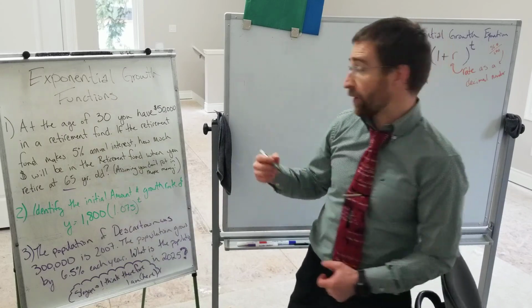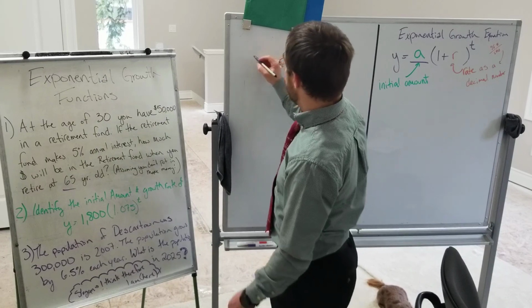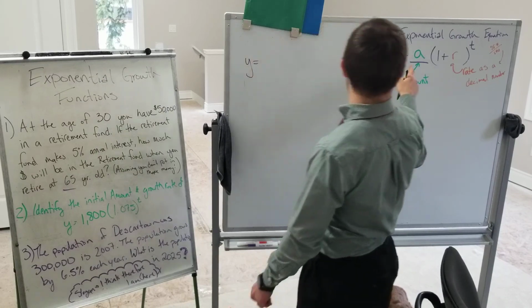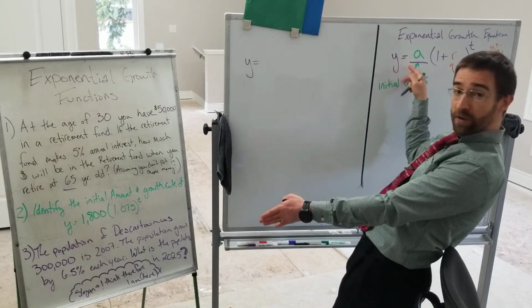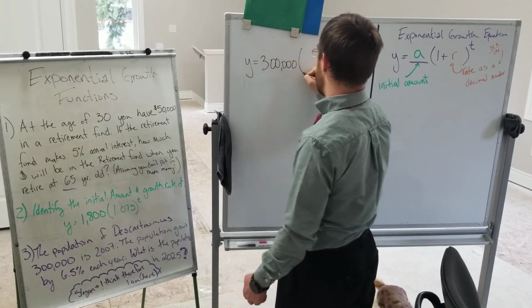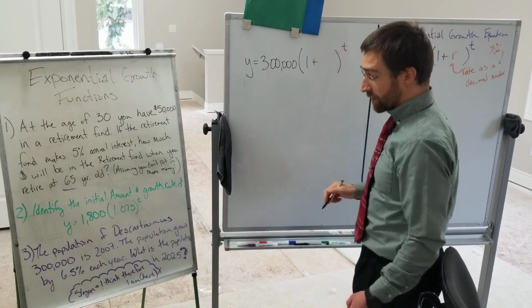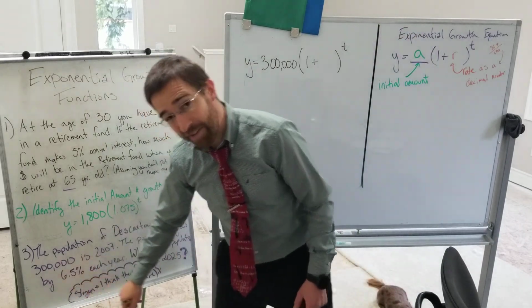So first thing we're going to do is write the equation, and then we're going to say what's the population in 2025. So we're going to say y equals initial amount. Initial amount here is 300,000. It's a number of people. Times 1 plus something to the t. It's growing at 6.5%.